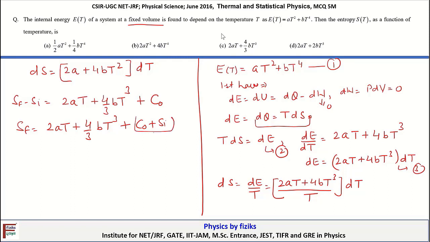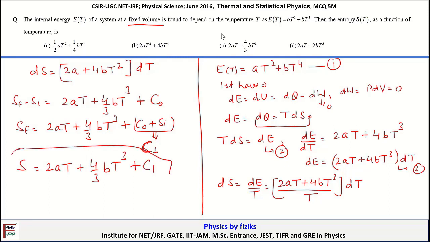We can call this again another constant, let's say C1. Therefore the final expression for the entropy as a function of temperature is S equal to 2AT plus 4 by 3 BT cube plus some constant C1, where C1 depends upon the initial state.